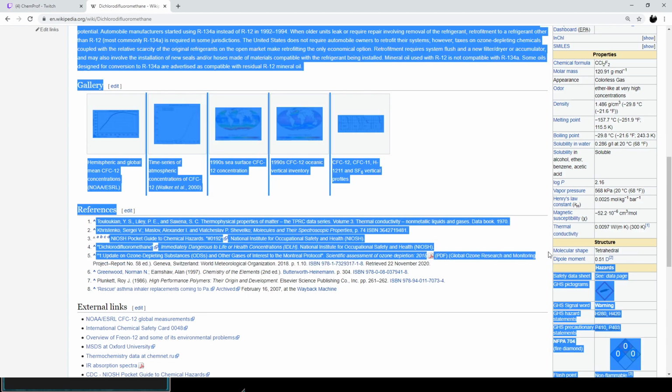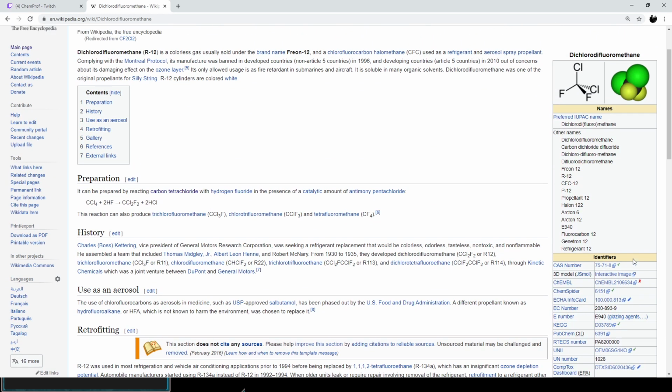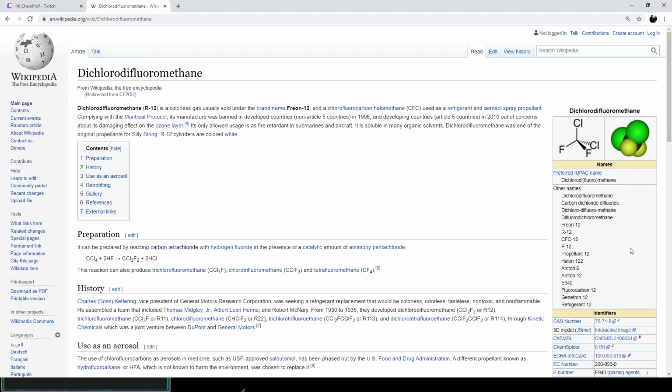As we can see here, it's not 0, indicating that the molecule is polar. Thankfully for us, if something is polar, it will have a dipole moment that is not 0. By having different electron domains with different electronegativities, we're going to have a polar molecule.